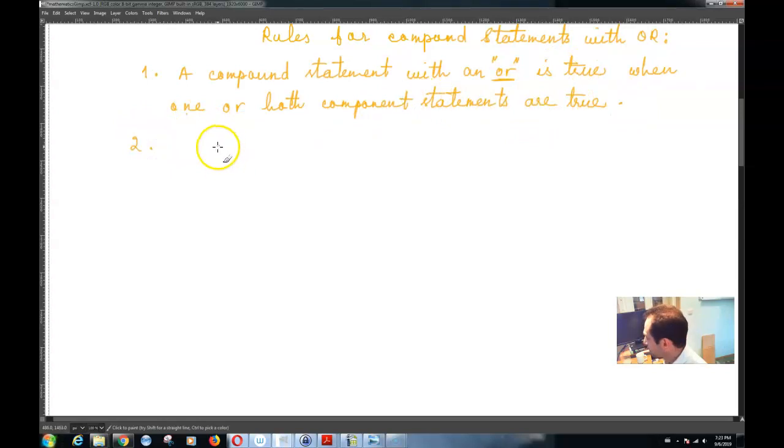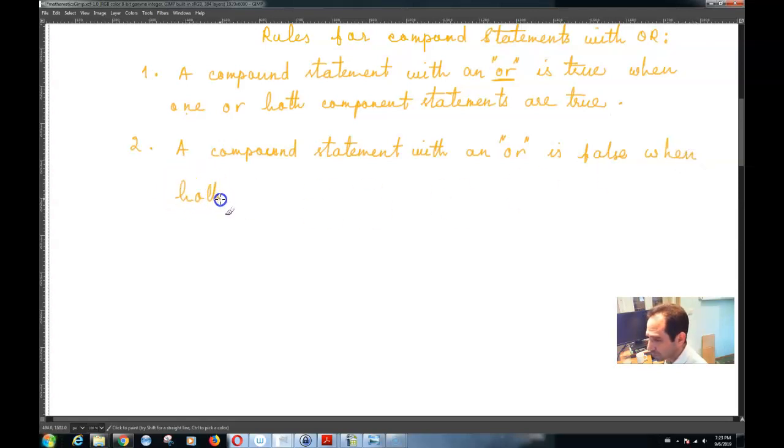Number 2, a compound statement with an OR is false when both the component statements are false.